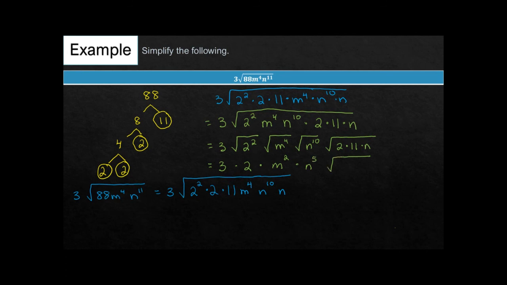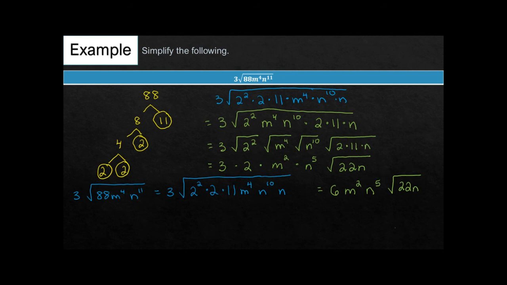And then inside my square root, I'm going to multiply 2 times 11 to get 22n. And now I'm going to simplify these all to the final answer. So I can multiply the 3 times 2 together, which is a 6. And then I have my m squared, my n to the 5th, and then my square root of 22n.